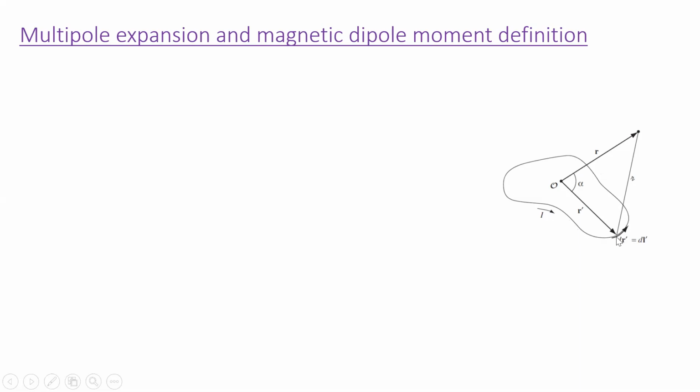Now before, for the electric multipole moment, our loop R prime pointed to charge, so it was a dq prime here. Now we're pointing to dl prime, a length of current. And then we have the separation vector script R between R to the field point and R prime to the source point.